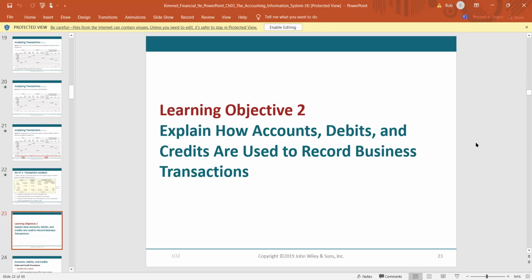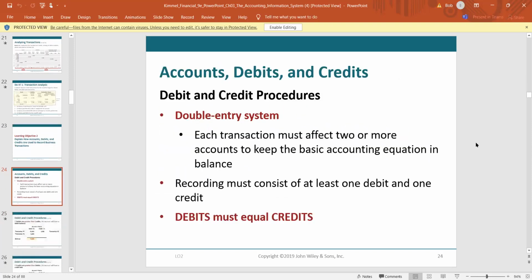Explain how the account's debits and credits are used to record business transactions. Every entry, every transaction in business requires one debit, one credit at least. You can have one debit and 100 credits. You can have one credit and 1,000 debits, or you can have a mixture of both of them, okay?